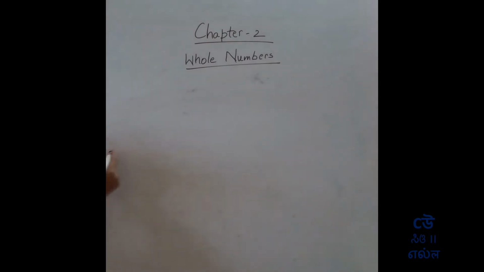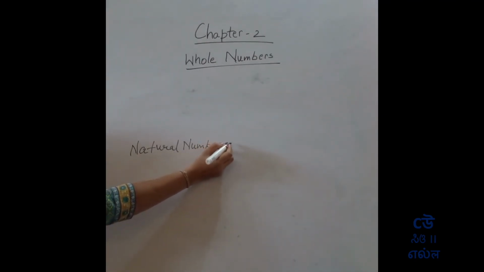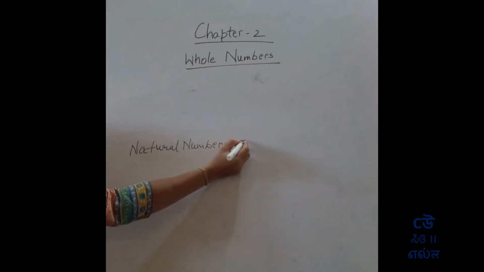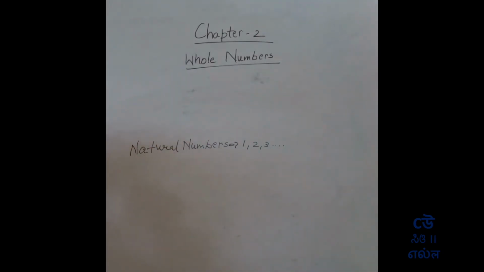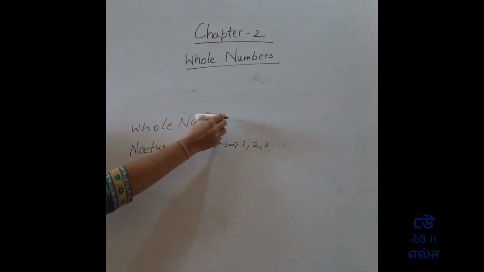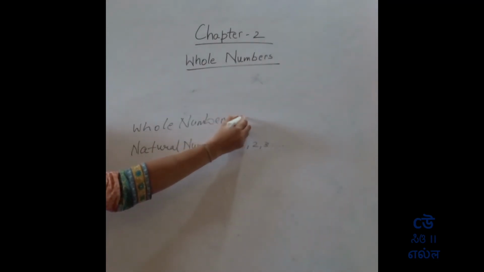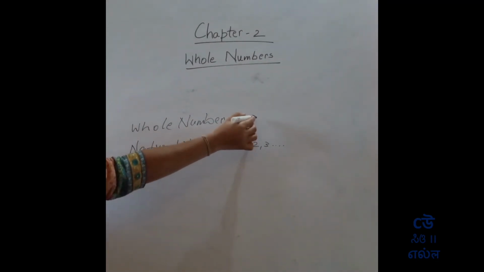Natural numbers begin with 1, right, children? As you all saw, natural numbers started from 1, 2, 3 and so on, right? But whole numbers start from 0. Whole numbers begin from 0. Okay.